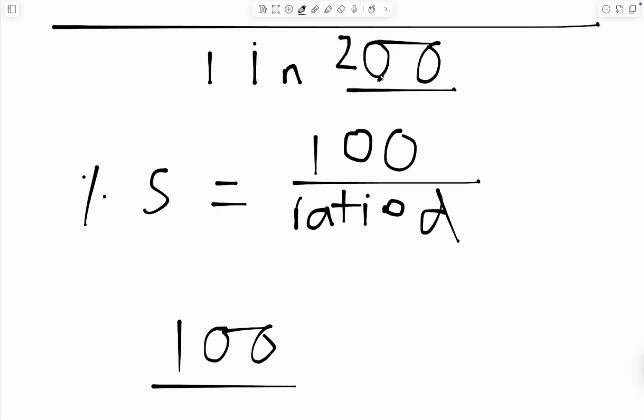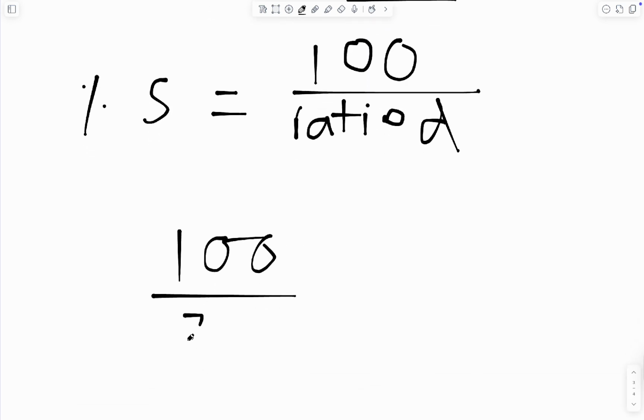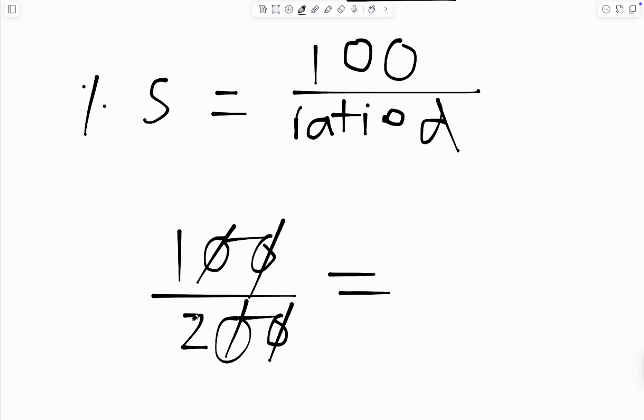Whatever the 1 in something is, that x value is going to be that. So 100 over 200. I can cross out the zeros, and I've got a half, which equates to 0.5% weight over volume. And that's how you convert between them using this equation.